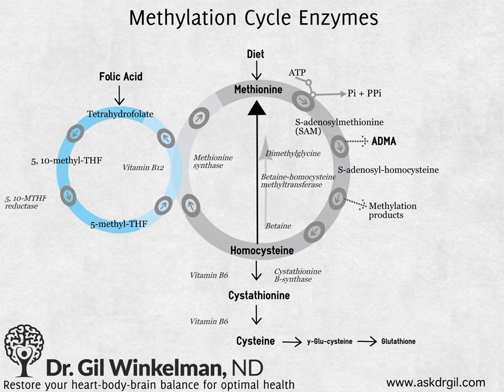But if you look at the diagram, you'll see that you want to use the methylfolate in this situation, because if there's a problem in one of the genes, that's the one that is most active and potent to be able to do the homocysteine recycling. And so that's the thought process behind that.